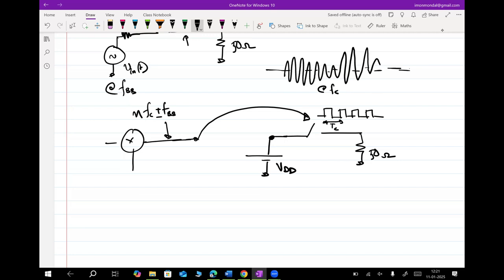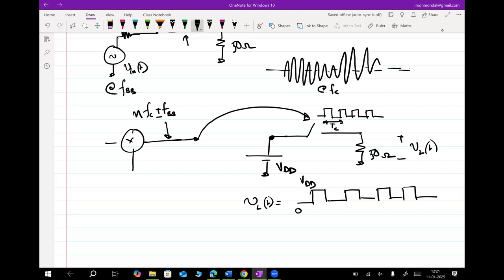So then what are you going to see here? It's a square wave of value VDD to 0, right? So your VCT, or let me call it VLT, will essentially be a square wave going from 0 to VDD.